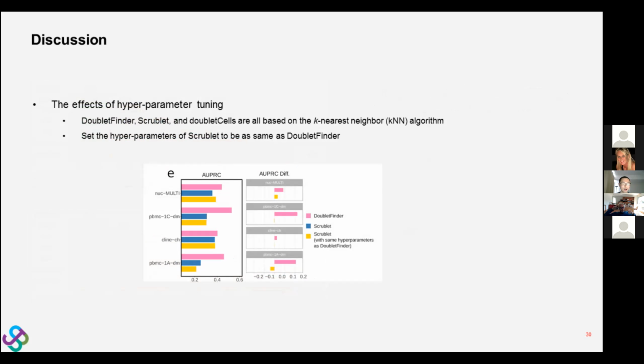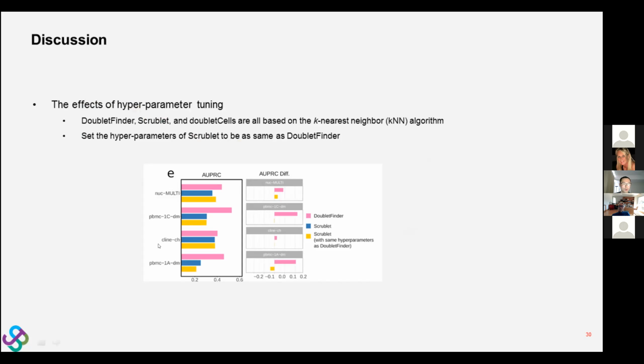And then lastly, we check the effect of hyperparameter tuning on the performance. We found Scrublet and DoubletFinder are very similar in terms of their design. They both use KNN, the K nearest neighbor method, but their performance is very different. We found that the difference is partly because they use different hyperparameter tuning to train their classifier.